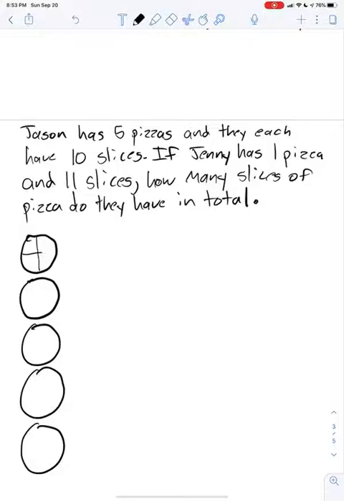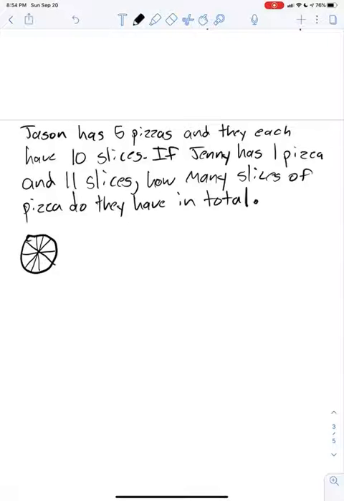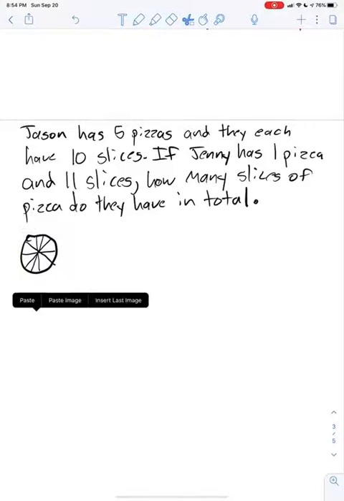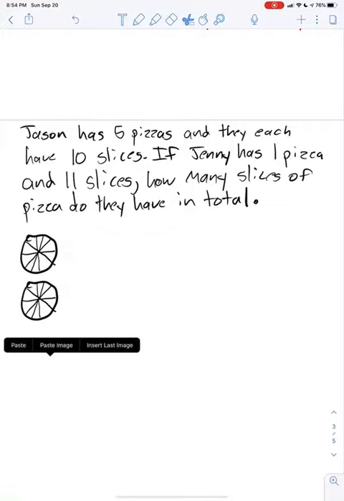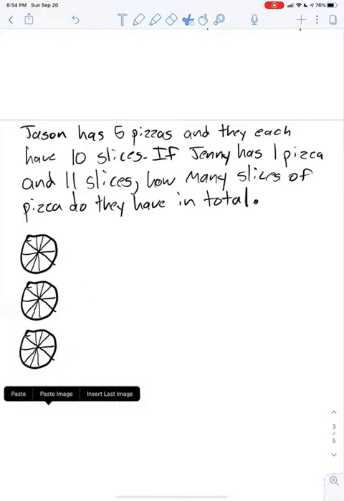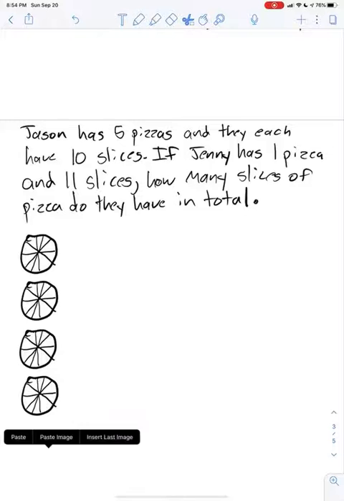So we have 1, 2, 3, 4, 5, 6, 7, 8, 9, and 10. I know they're not exactly correct, but that's pretty hard to draw them all evenly. So now with those pizzas, I'm going to go ahead and copy this so they all look the same. So notice that these pizzas each have 10 slices.